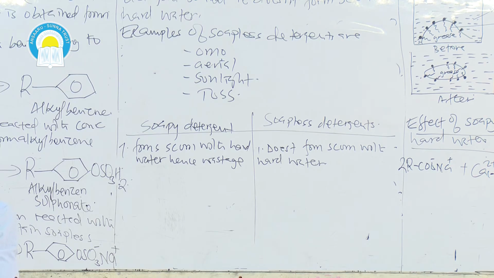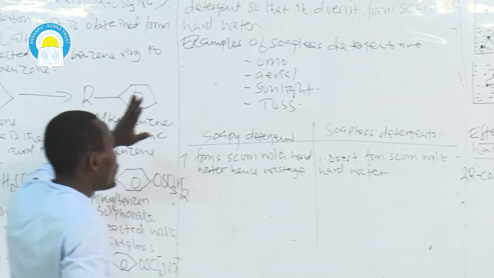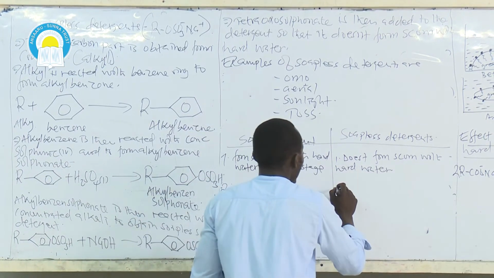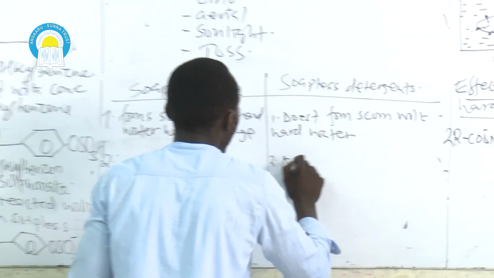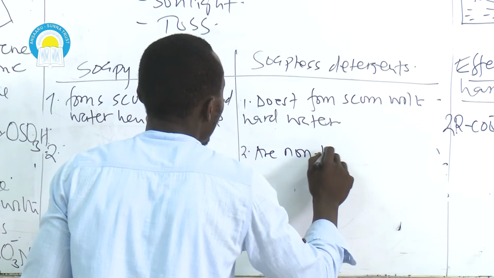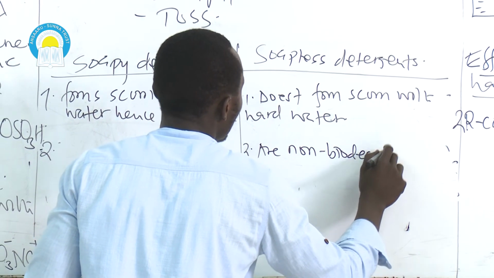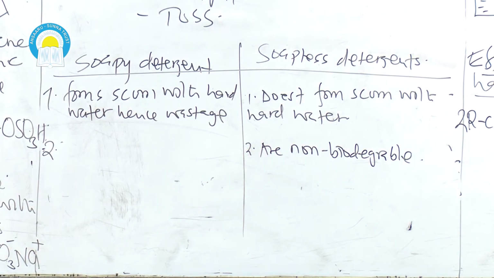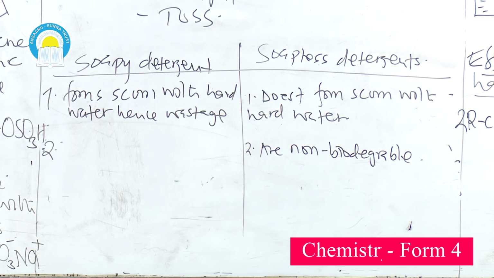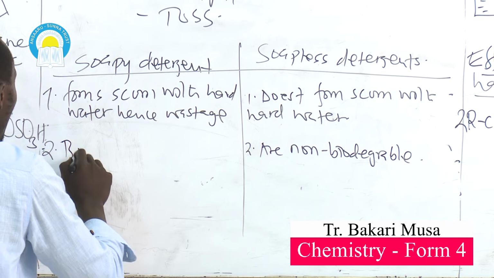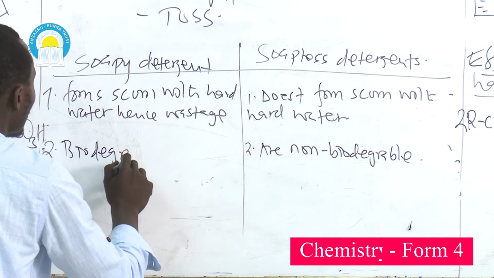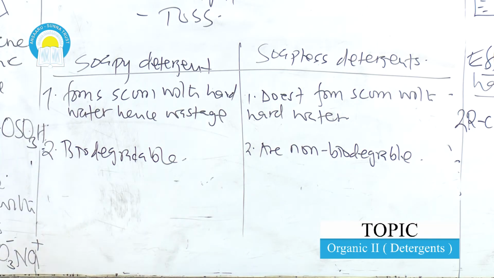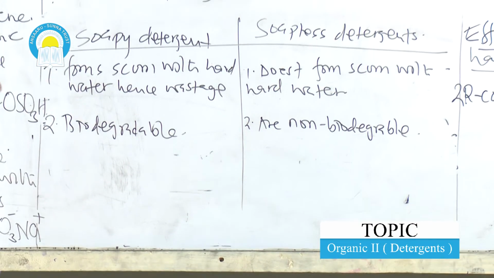That's where we obtain the alkyl group, which means these are going to be non-biodegradable, which means they cause environmental pollution since they do not undergo decomposition, while soapy detergents are biodegradable and can undergo decomposition.